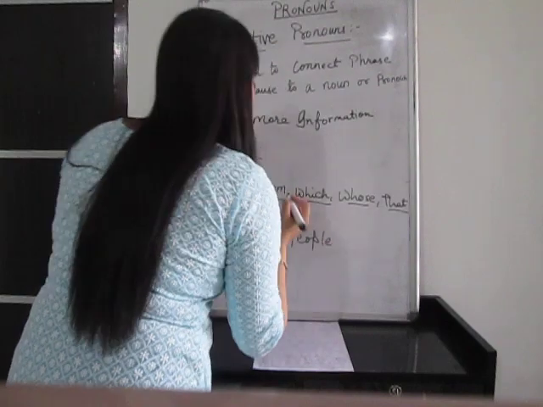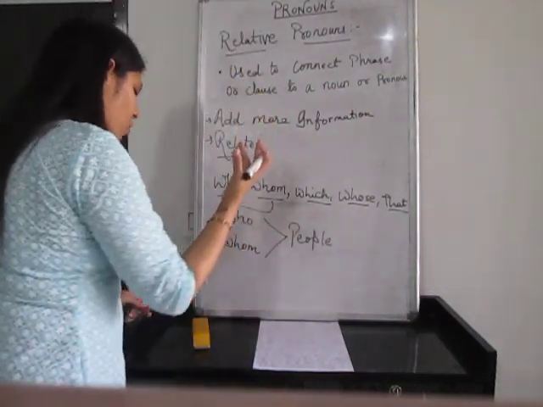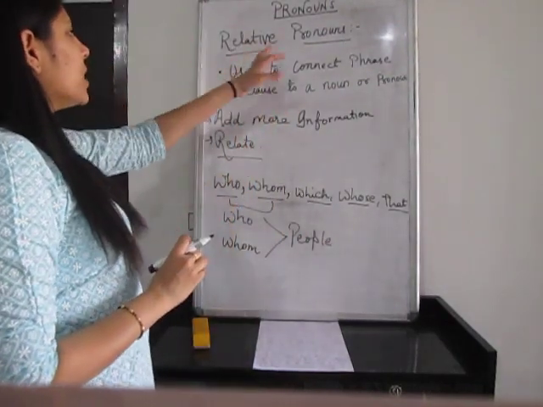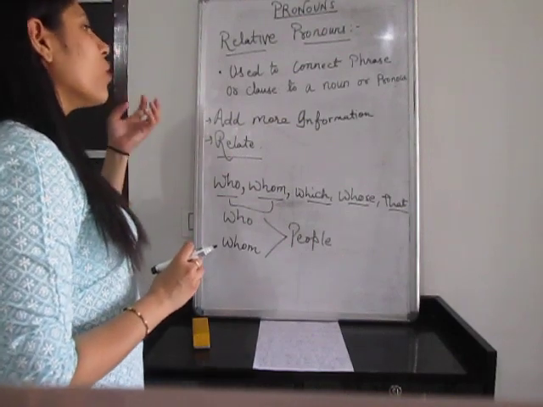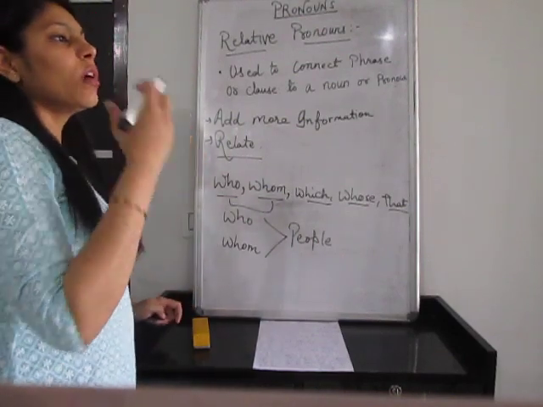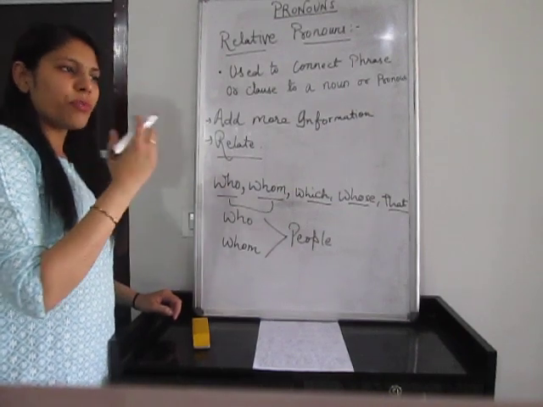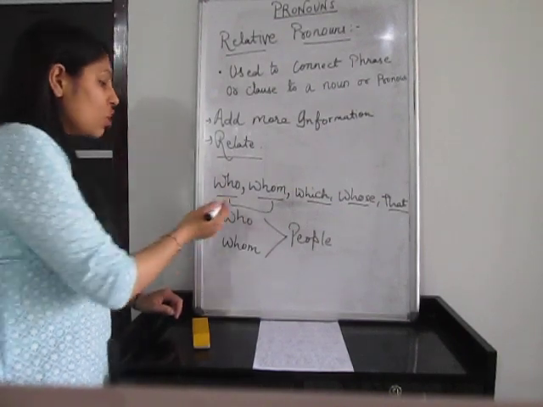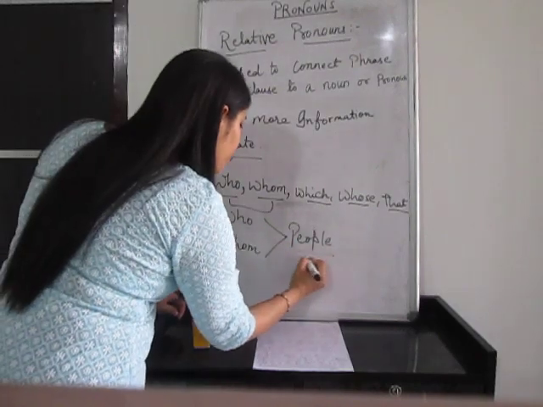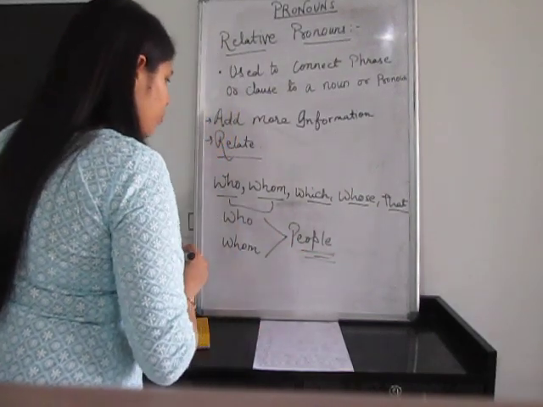As I told you, it connects a phrase or clause to a noun or pronoun. A noun is when we talk about a person, place, animal or thing, and a pronoun is its replacement. So who and whom are used for people.